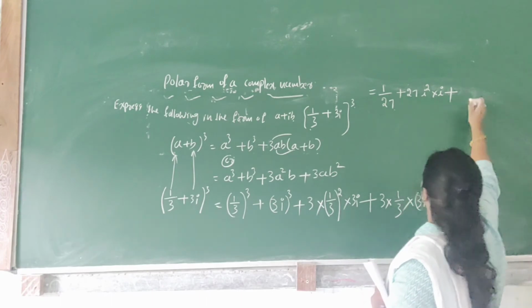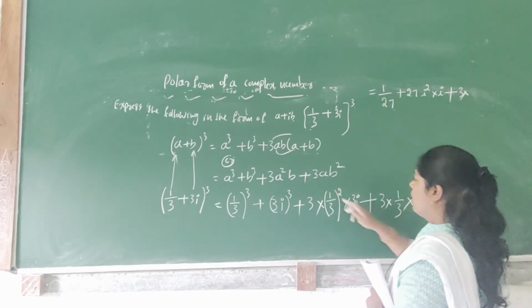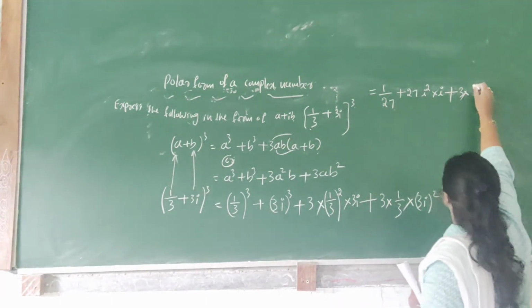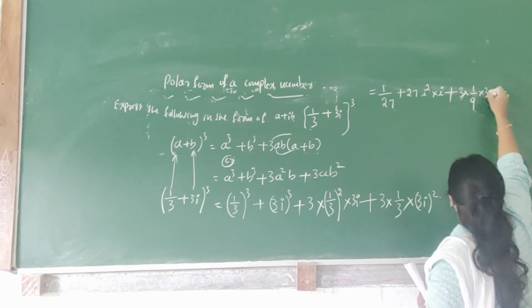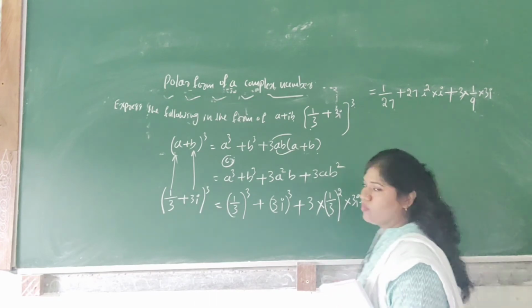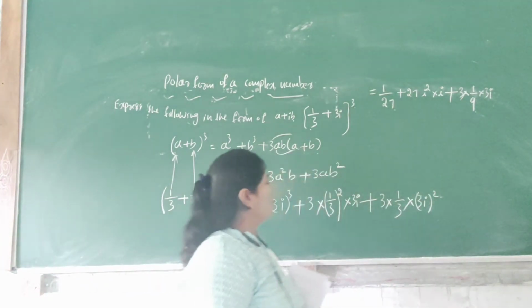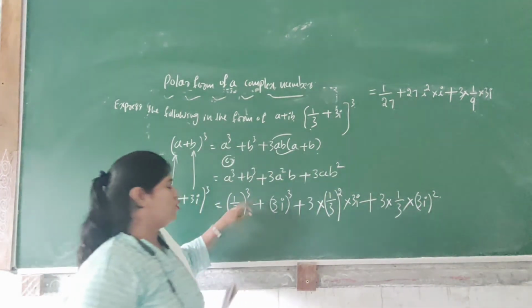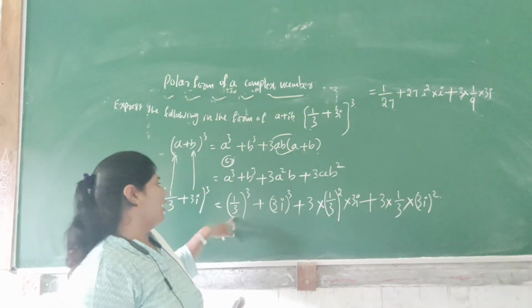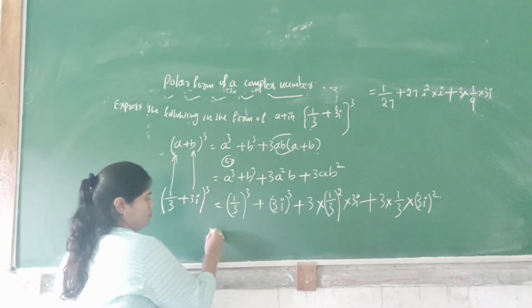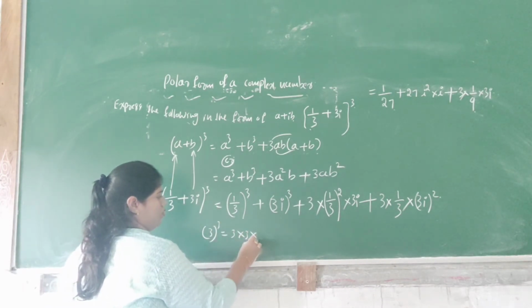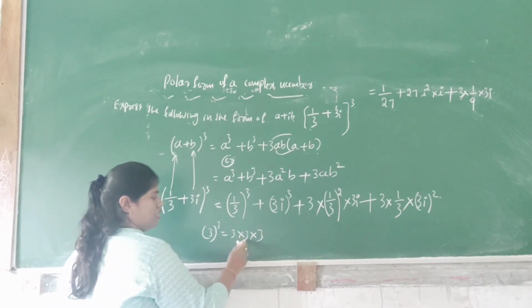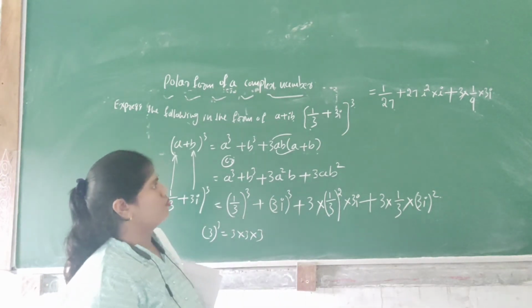Plus 3 into (1/3) square, which is equal to 1/9 into 3i. So, are you following? 1 cube is nothing but 1 only, 3 cube, like this.